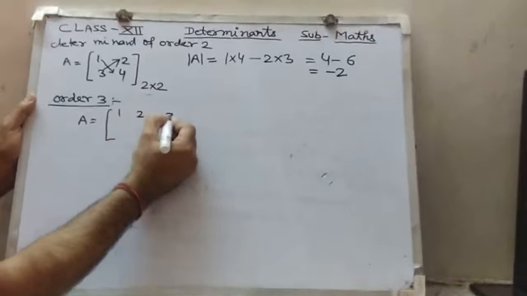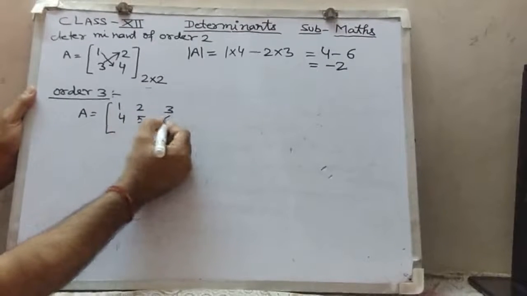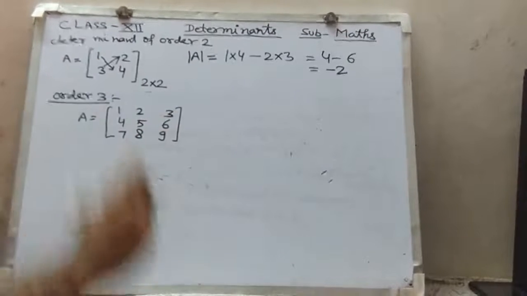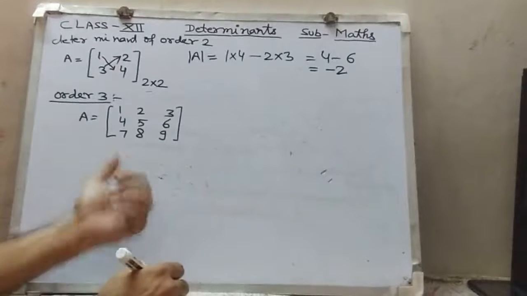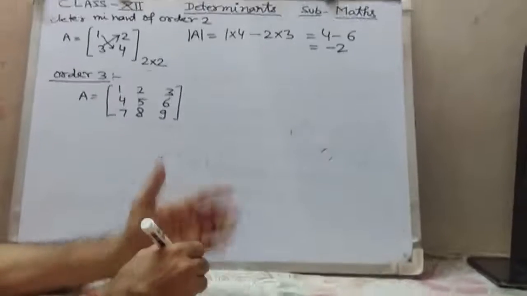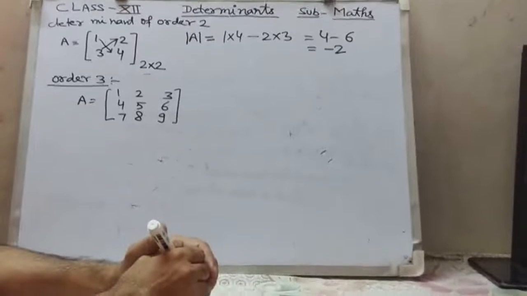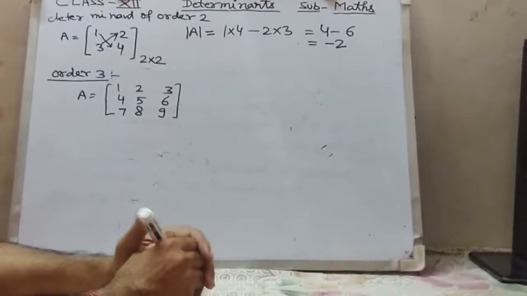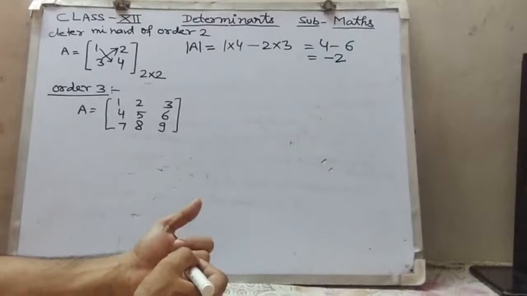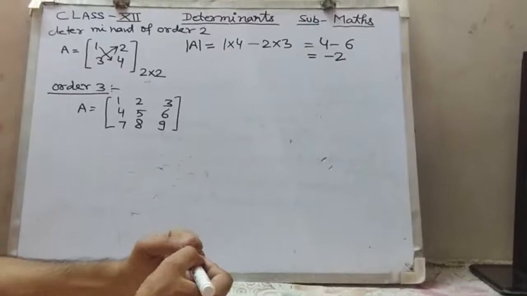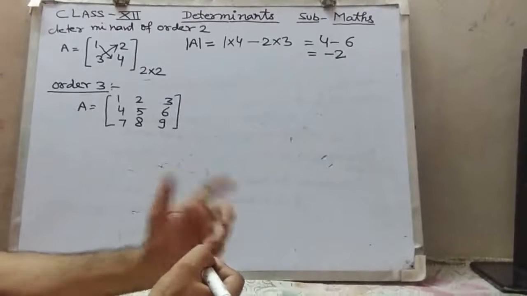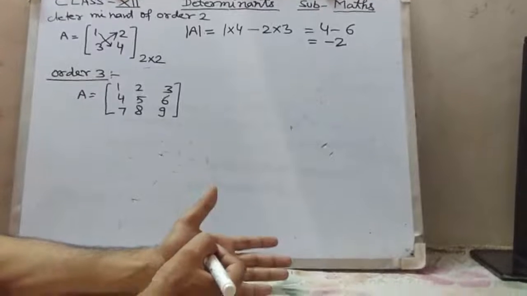Its elements are 1, 2, 3, 4, 5, 6, 7, 8, 9. Clearly you can understand its order is 3 by 3. So we can say this is a square matrix of order 3. Now we are going to find its determinant. So determinant of this matrix will be found out by breaking it into one order less, means order 2. Firstly convert it into order 2, then find its determinant.